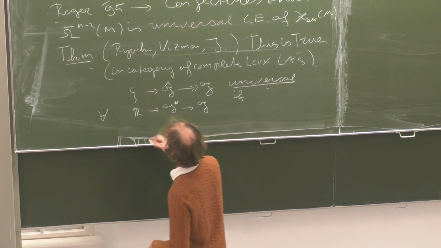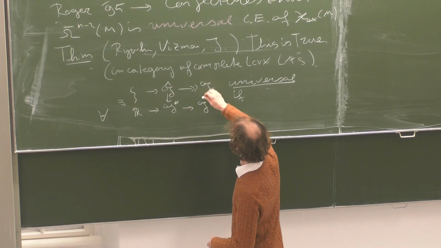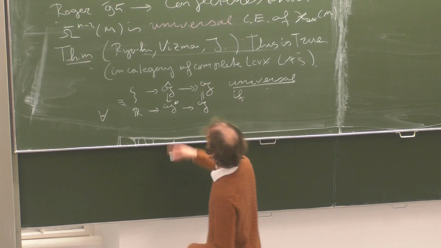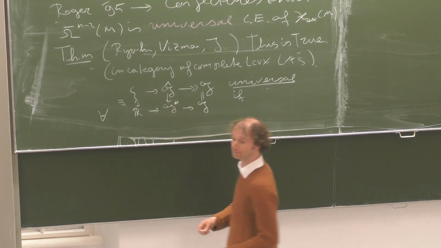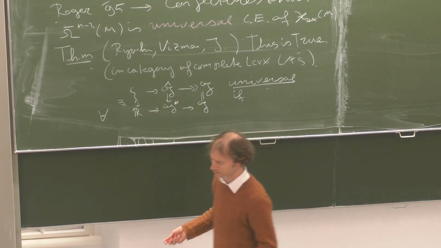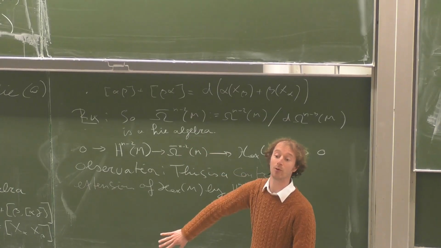For every other central extension, there exists a map which intertwines with the identity here, and it restricts to a map. So in a sense, a central extension is universal if every other one comes from it. Any other central extension can be gotten from this one by mapping out of it.